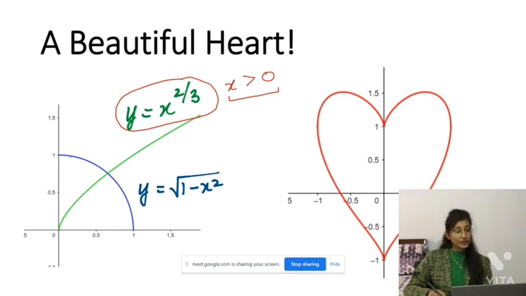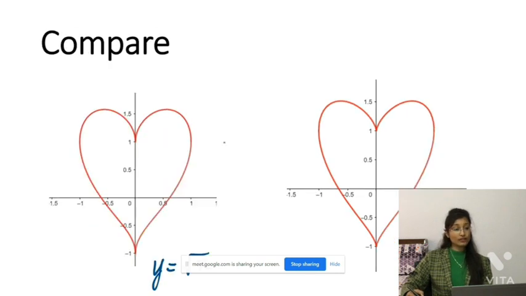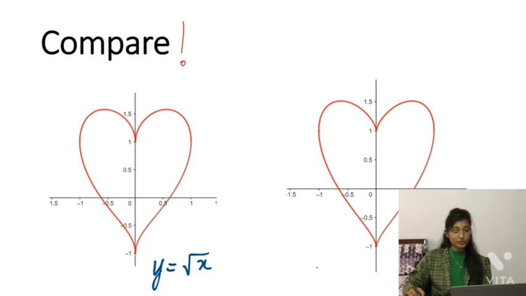Now you can see the difference in the hearts. We will compare the difference. First is when we have used the curve y is equal to root x, and second when we are pulling up the quarter circle along the curve y is equal to x raised to power 2 by 3.